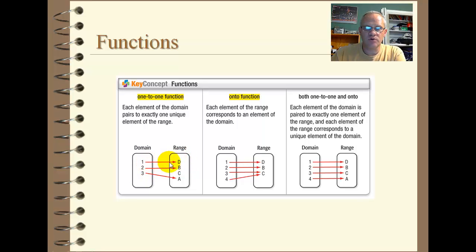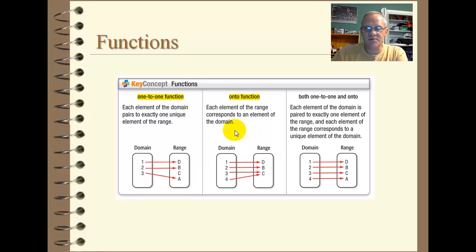You notice 1 went to D, 2 to B, 3 to A. They connected with unique ones. If I had another arrow drawn from 3 to B, in this case it would not be a function because you've got two arrows coming from 3. But in this case, each x goes to one unique range.